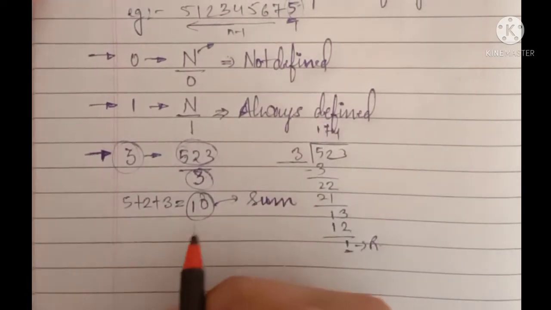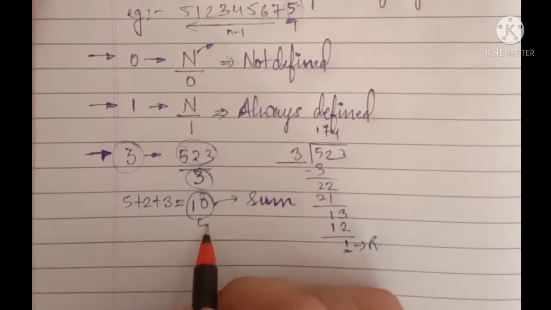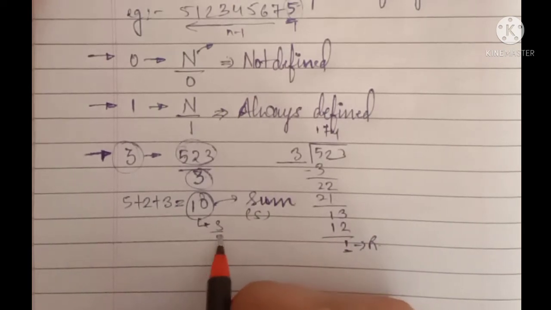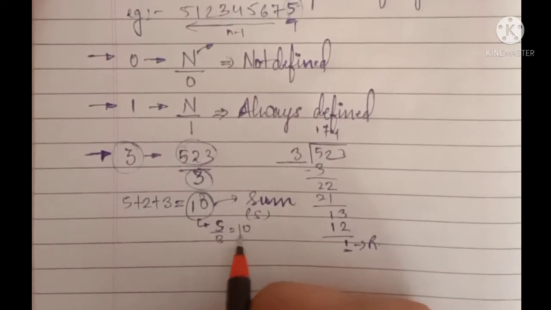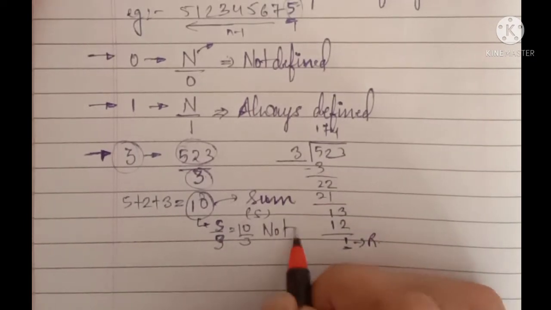No, so the number is not divisible by 3, because the sum s, that is 10, is not divisible by 3.